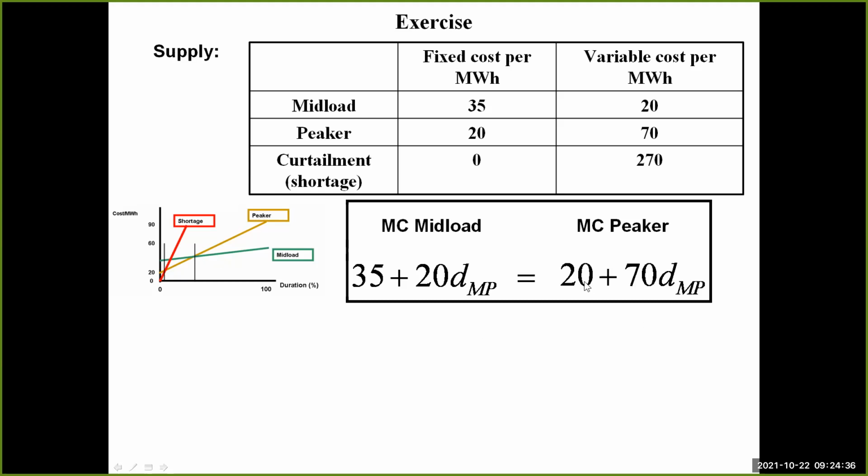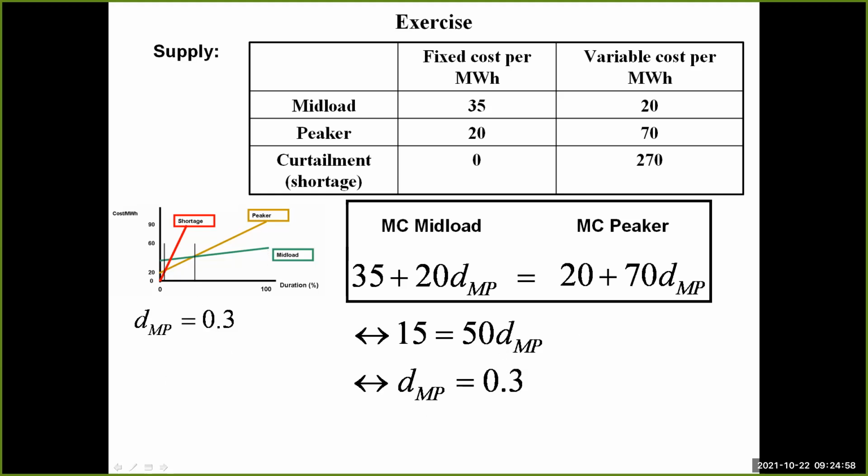This point here, and here I write a formula for the peaker. 20 is its fixed cost, 70 the variable cost, times the duration of the mid load for peaker. And now I solve this for the duration, and then I get this point here. So okay, that's 0.3. This is 0.3 here.